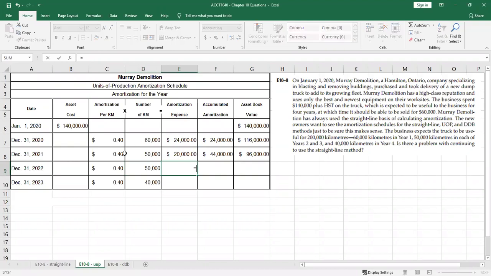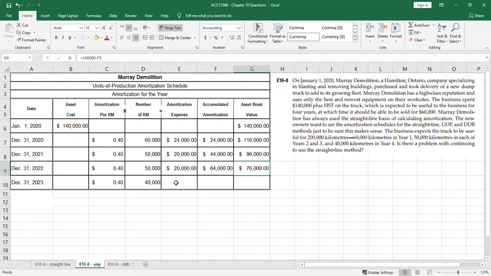Amortization expense will also be $20,000, 40 cents a kilometer multiplied by 50,000 kilometers. Accumulated amortization, what had been accumulated so far, plus the new amortization for this year. So 44 plus 20 is now 64. Okay, and the asset book value will be 76, which is 140 minus the accumulated amortization, which is 64, to give us an asset book value of 76.